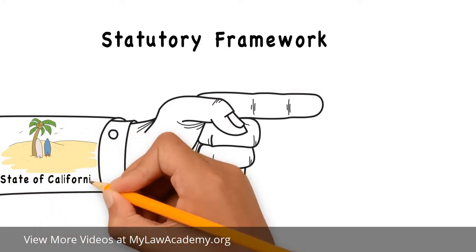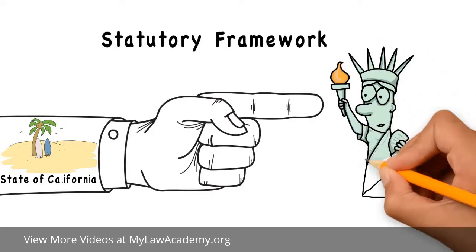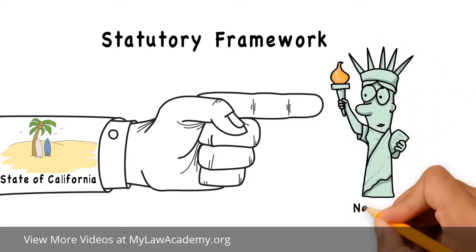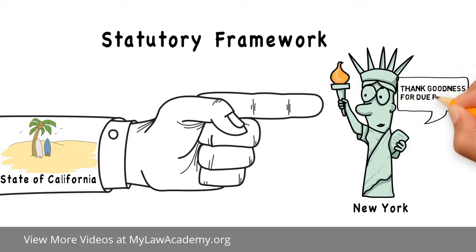However, the statutory framework must still meet the requirements of the Constitution's Due Process Clause. I like to picture an imaginary arm stretching from one state and into another to grab a defendant and bring her into the plaintiff's forum court.